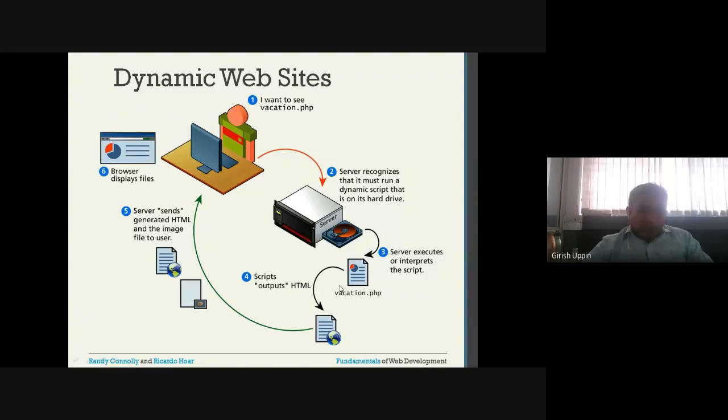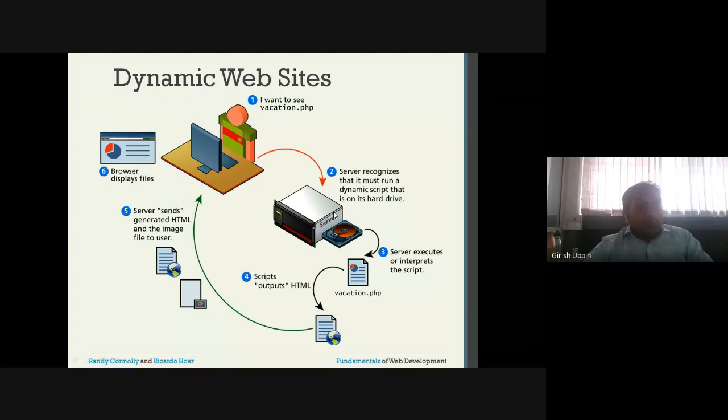So vacation.php is the script that will be executed on the server by the web server, and whatever HTML is generated by the script will be sent back to the browser, and the browser displays whatever HTML is received from the server.